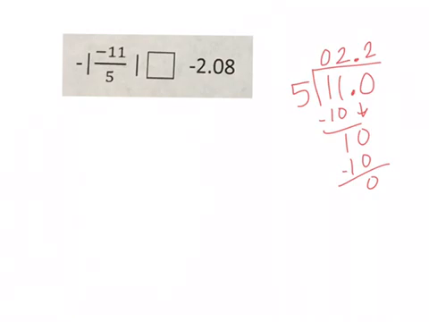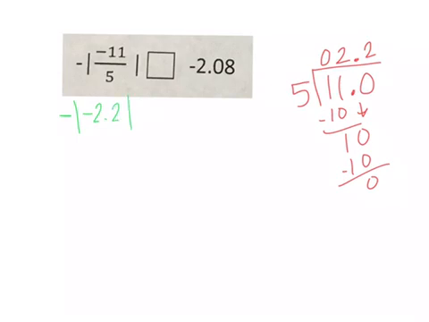So I do have these absolute value bars and some negative signs, so let's go ahead and see if we can figure out how to deal with those. I'm going to write my decimal in place of the 11/5, and then we can figure out what to do with all those symbols. So we have the opposite of the absolute value of negative 2.2.